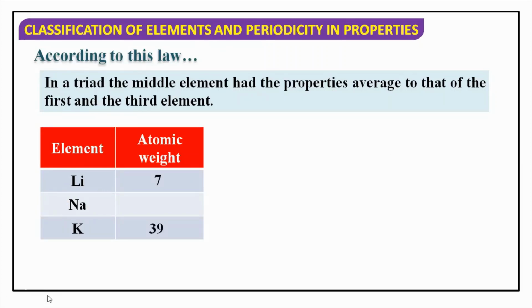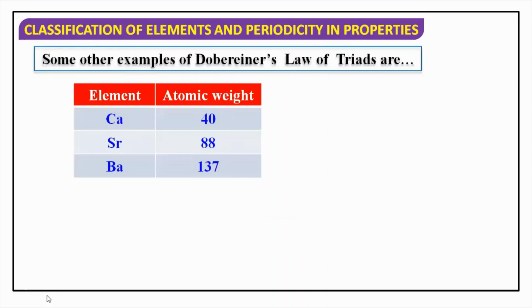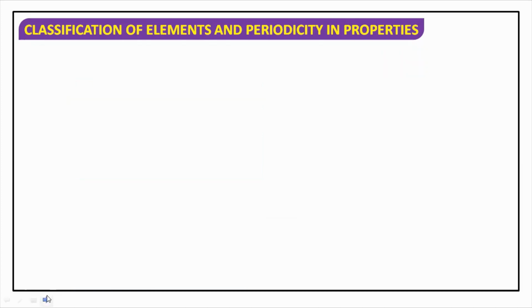Take lithium, sodium, and potassium. Let us take the atomic weight. When you take the average of the atomic weights of the first and third, that will be the atomic weight of the middle element. This is how the law worked. He made some other triads also, like calcium, strontium, and barium, and chlorine, bromine, and iodine.